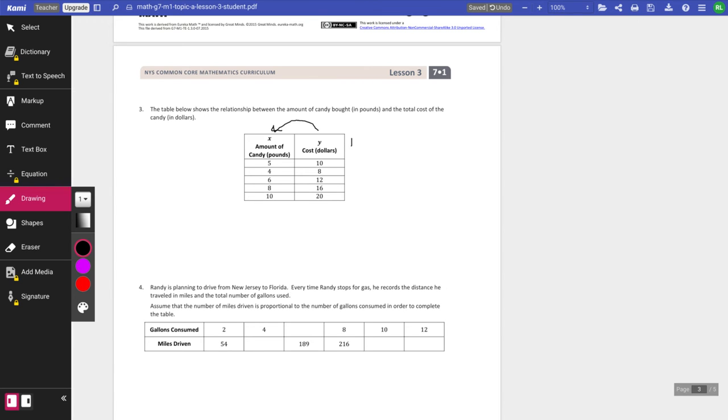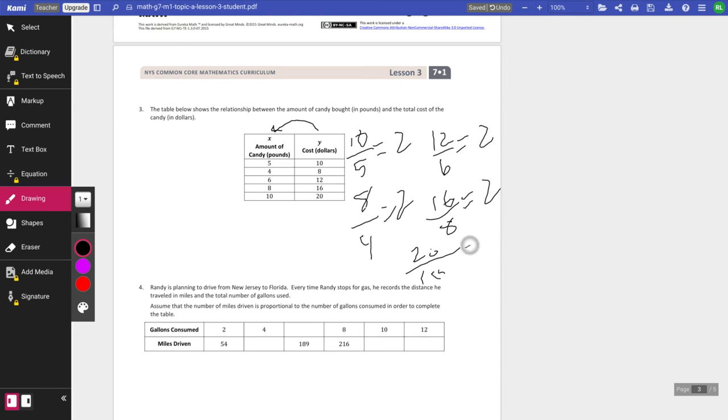So we have 10 divided by 5. We have 8 divided by 4. We have 12 divided by 6, 16 divided by 8. And those that are reading ahead or moving ahead of me can see that these are all going to end up with a unit rate of 2.